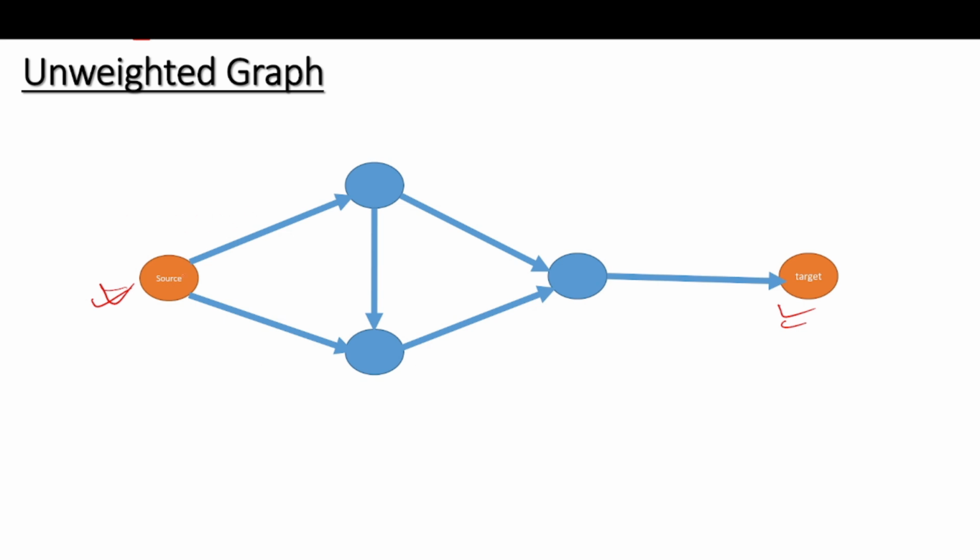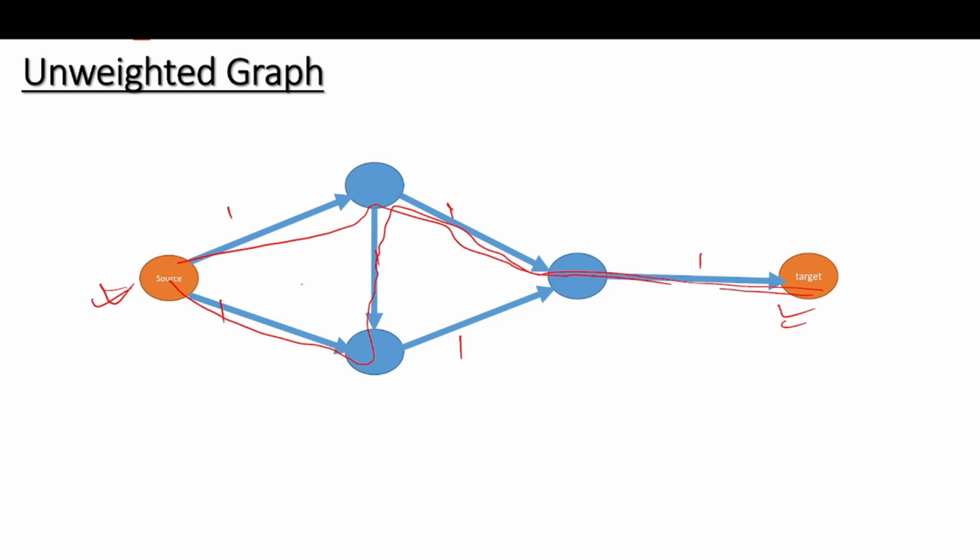If nothing is given, by default one will consider distance. One path can be like this, we can go directly and reach here. Another path can be like this, and then we reach here. Or we can come directly like this and reach here.